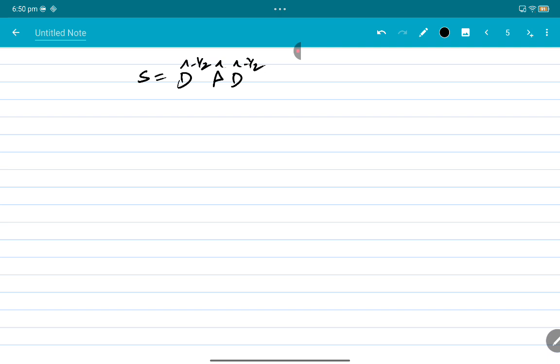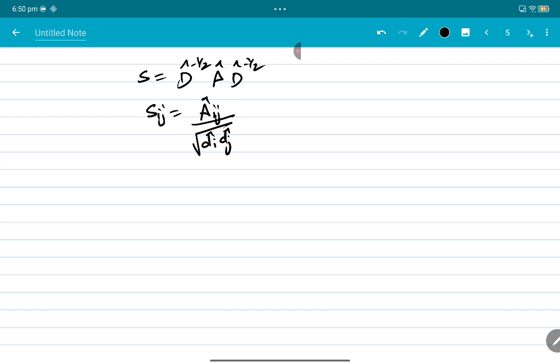We can also compute it element-wise, like S_ij would be A hat ij divided by root of D_i hat D_j hat. Because this is just a matrix, we can compute the elements of this matrix, and then we will combine them.